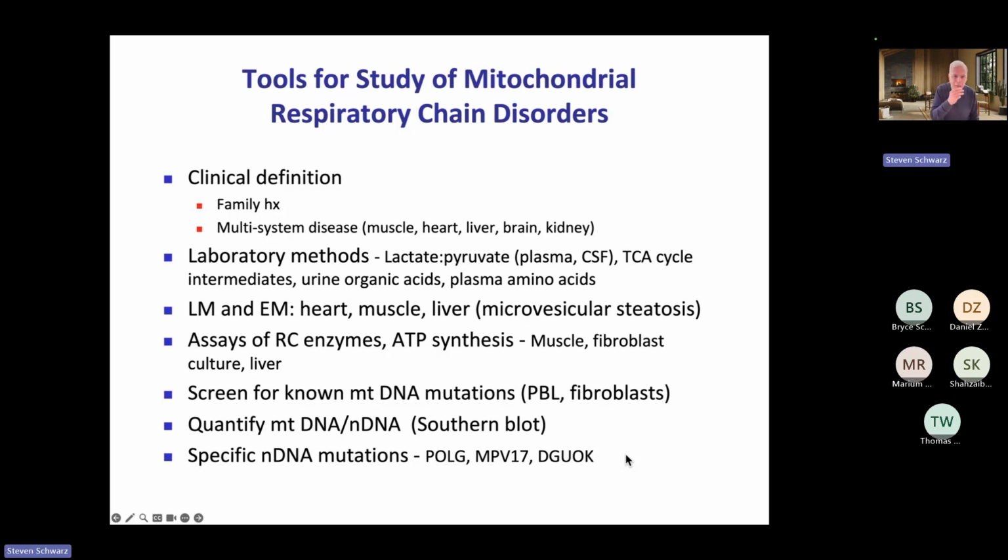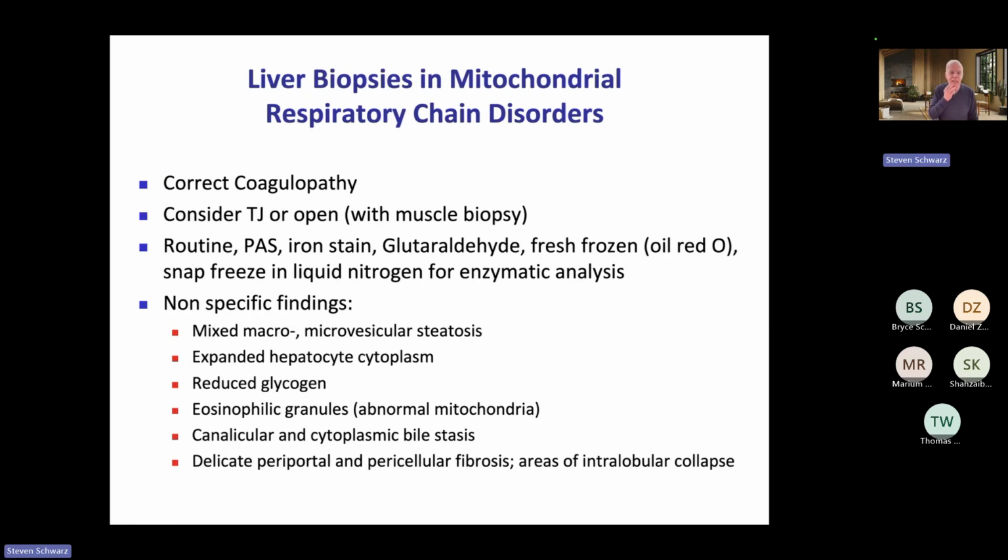What about liver biopsy? Again, it depends upon whether the patient is in liver failure. If they're not, then it certainly is indicated. Of course, in other patients, you have to be worried about coagulopathy. And the findings routinely are micro and macrovesicular steatosis, reduced glycogen, abnormal mitochondria.